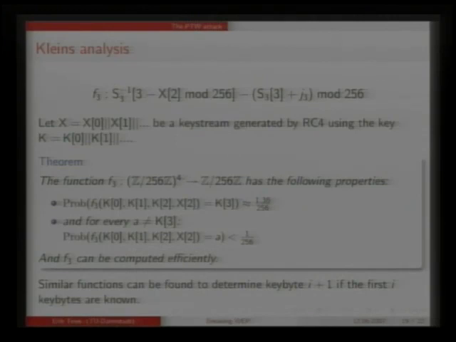So we can find similar functions to determine the next key byte, key byte I plus 1, if the first I key bytes of an RC4 key are known. And this is totally sufficient to break WEP, because you can just capture a lot of packets, get a lot of key streams, and compute this formula very often. You have a look at the results, and if you got a lot of packets, then one value, which will be the first secret key byte, will appear a little bit more often than all other values.